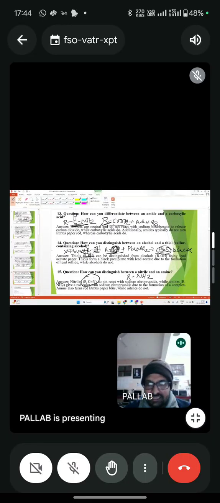That means this amine will react with sodium nitroprusside and give a red colored compound, and this red colored compound is visible, but this nitrile will not react with this sodium nitroprusside.